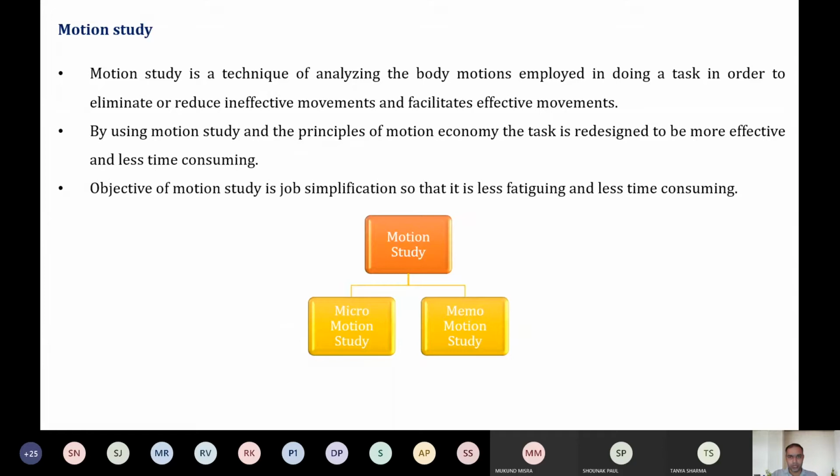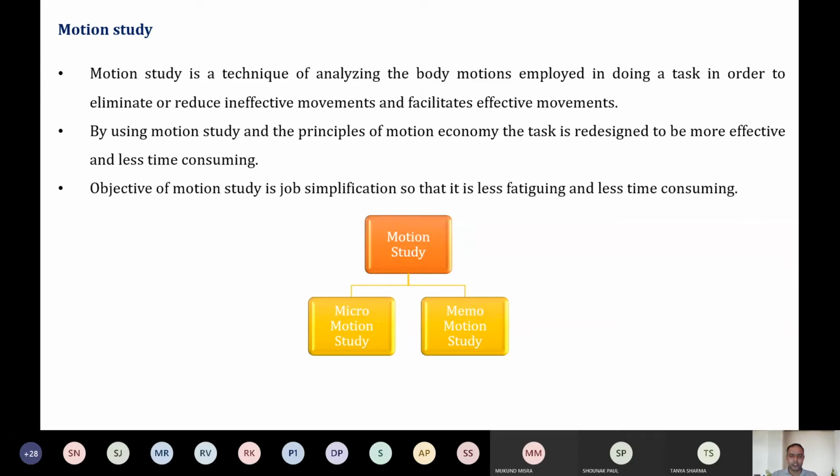So why do we have to do this motion study? It helps us understand how the job can be done more effectively without creating fatigue in the labor or the operator, or for that matter any employee who is working, how to reduce fatigue, or how the job can be simplified. There are different ways of doing a job because everyone has a different style.